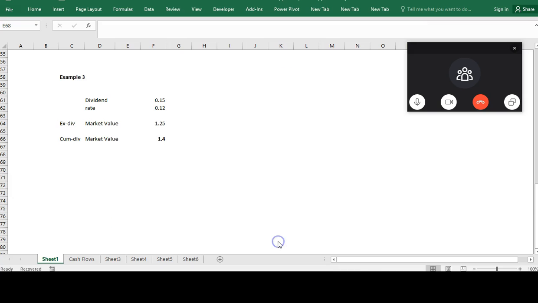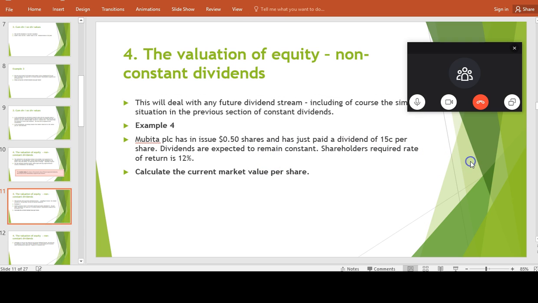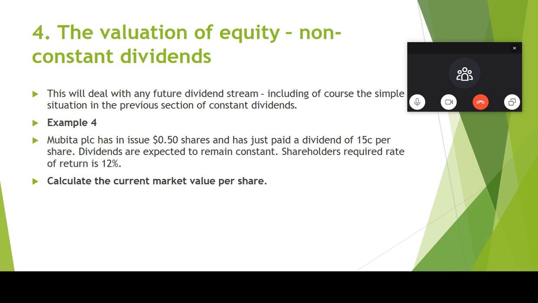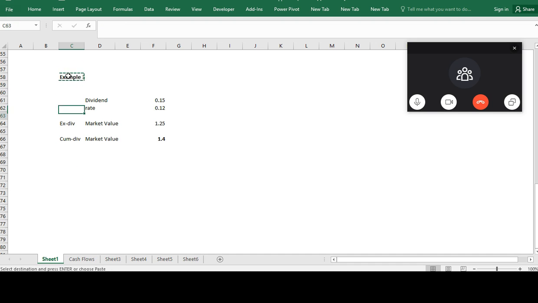So we have this scenario, guys. There is almost similar nicely. So here, because we're looking at future dividends, it's like this.